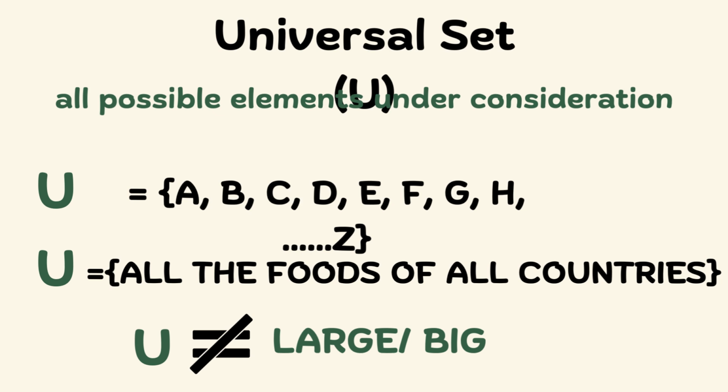Talking about a set of countries, universal sets can be 1 country, 2 countries, 3 countries, 4 countries, 5 countries, and so on. The universal set doesn't necessarily have a limit. It's just what we are considering at a particular time.